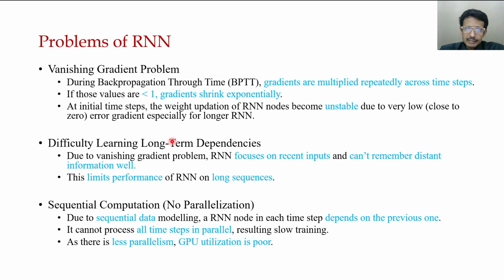If the number of time steps is high, it starts forgetting because of the vanishing gradient problem. At the initial time steps, the error gradient is exponentially decaying, very close to 0, so it cannot be learned properly.